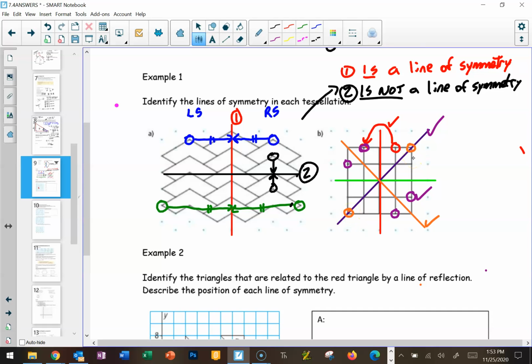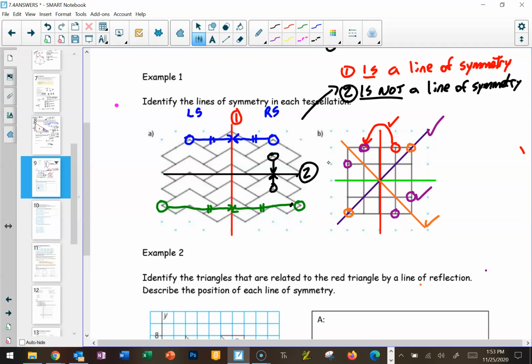Everything's going to line up exactly the way that it should, which means that although the first item here, A, only had one line of symmetry, and I could have drawn a bunch of different lines on A, I wouldn't be able to match it up with a reflection anywhere except from where I did it, left to right. However, on this B object, there are lots of different ways that I can fold it across a line of symmetry and have it match up perfectly with the other side, with points that are perfectly equidistant from the line of symmetry.